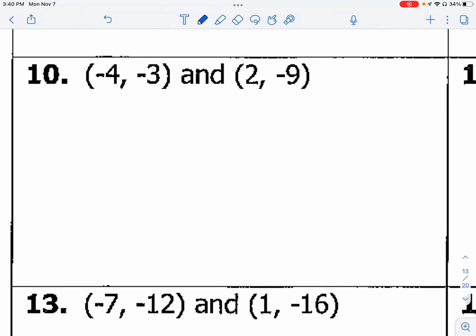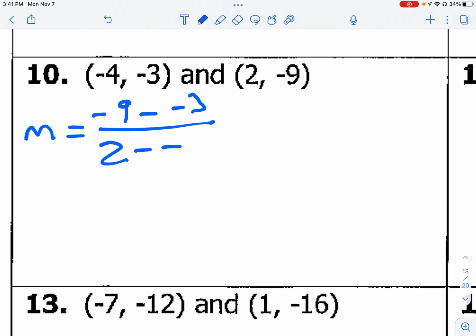Let's see what else we can make happen. m equals -9 minus a -3 and 2 minus a -4.